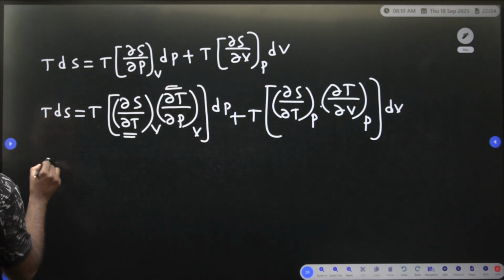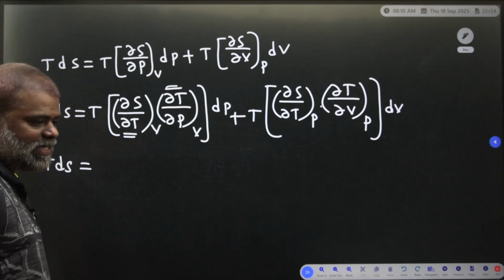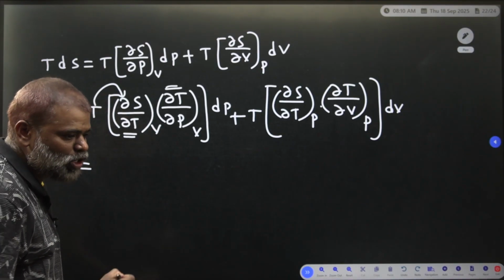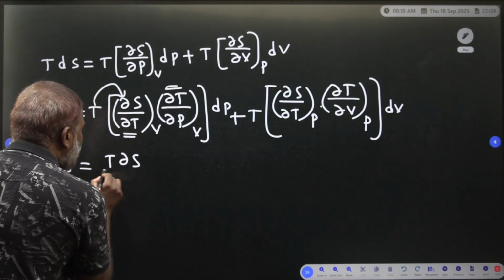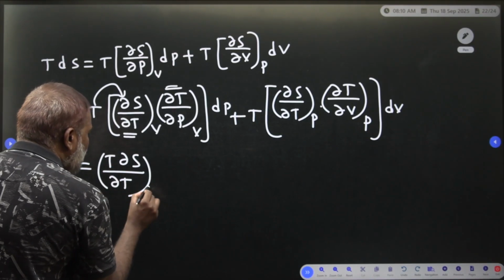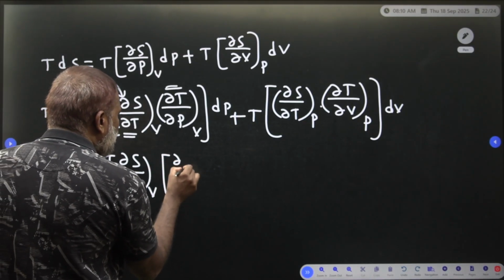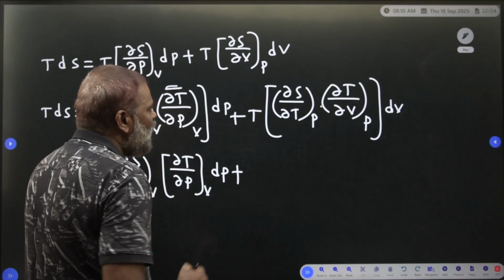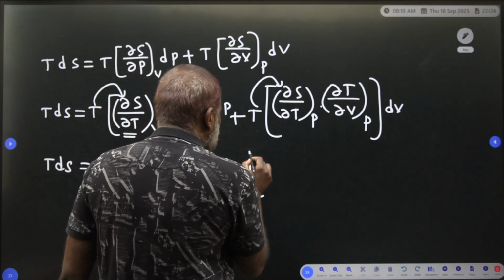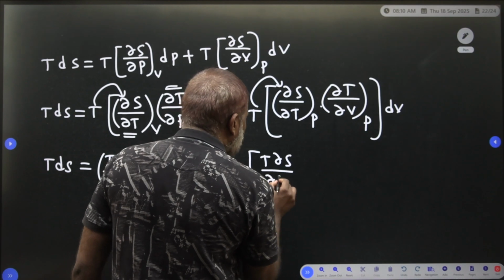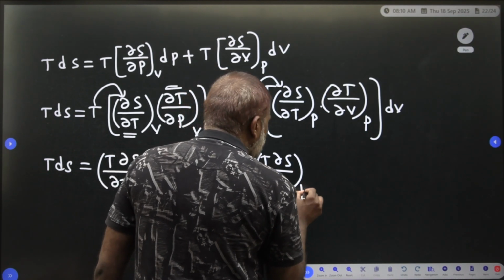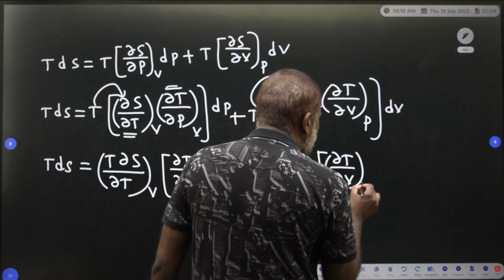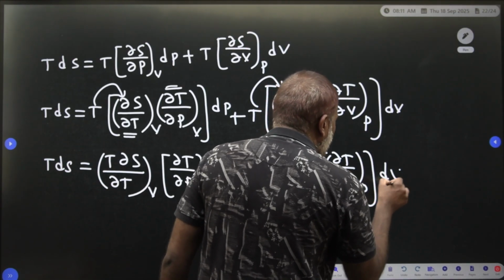TdS is equal to T into ∂S/∂T at constant volume into ∂T/∂P at constant volume into dP, plus T into ∂S/∂T at constant pressure into ∂T/∂V at constant pressure into dV. Clear?